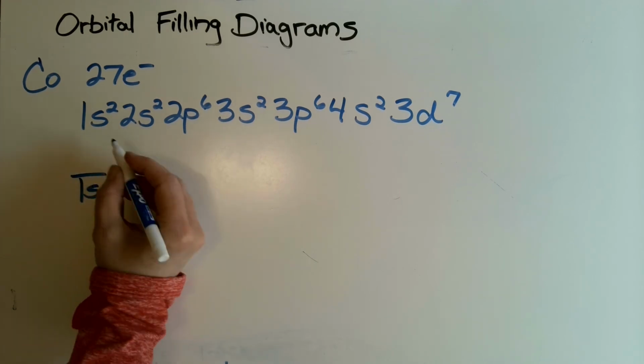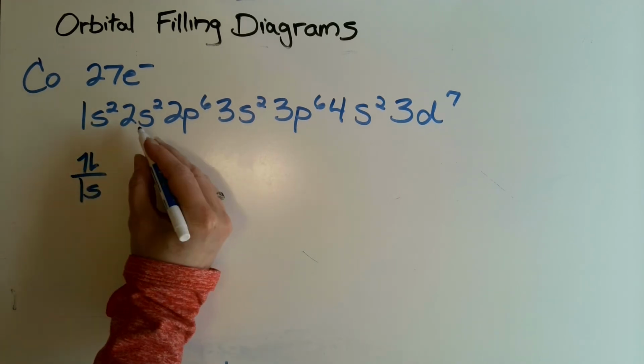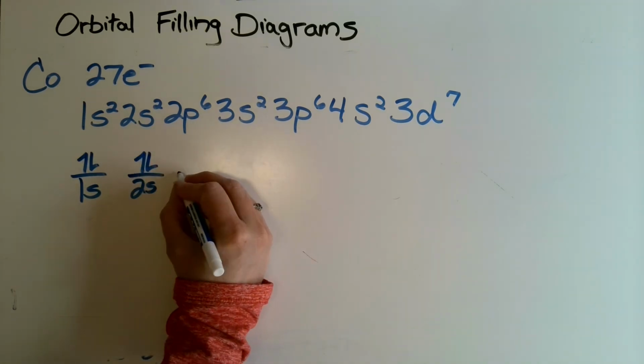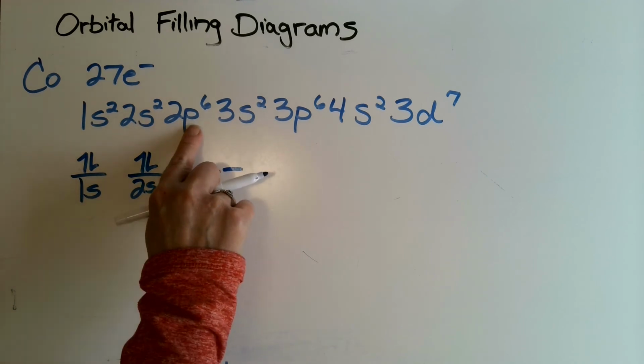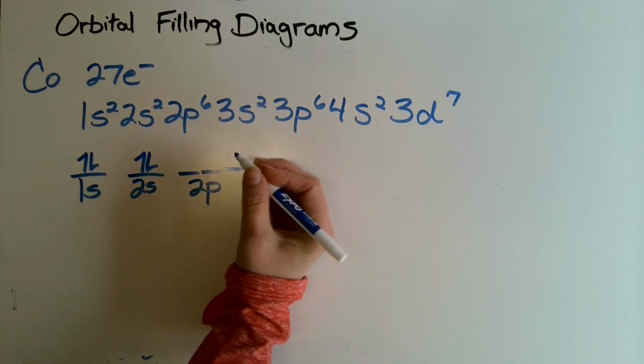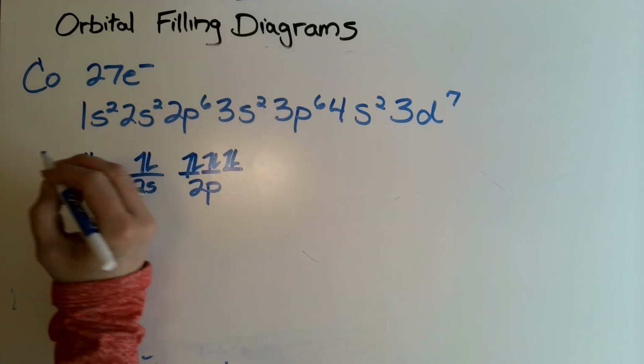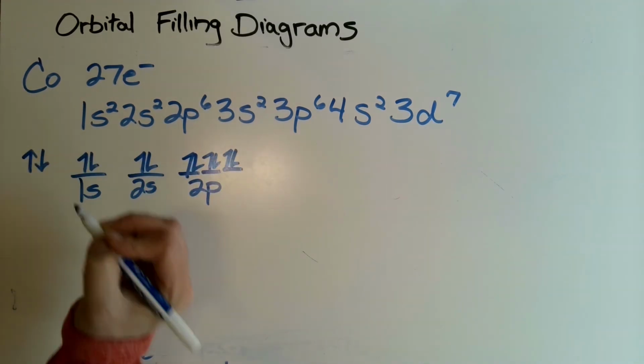So I show the 2 electrons in the 1s, the 2 electrons in the 2s. I draw 3 lines anytime I have the p orbital in my 2p, and I draw 1, 2, 3, 4, 5, 6. Now some people like to make arrows like this.